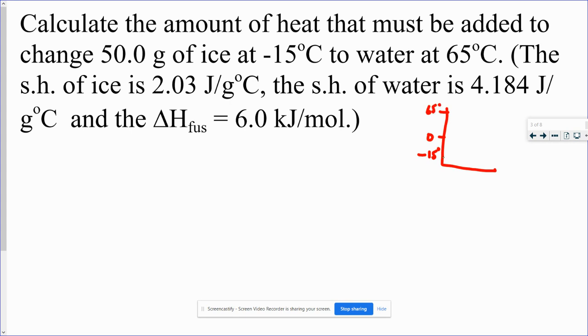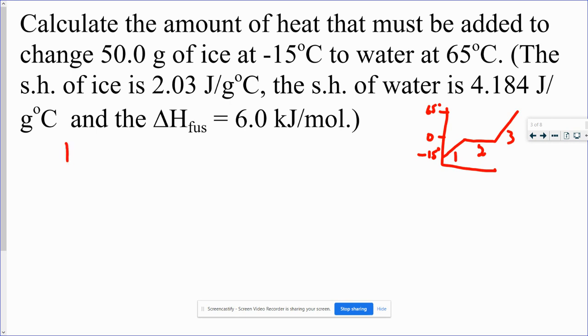Okay, but I would start here, and it's going to rise in temperature until it hits 0 degrees, because this is liquid water. This is ice, solid water. And so at 0 degrees, that's where the melting happens. And then once all of it's melted, it can continue to rise to 65. So this problem has 3 steps.